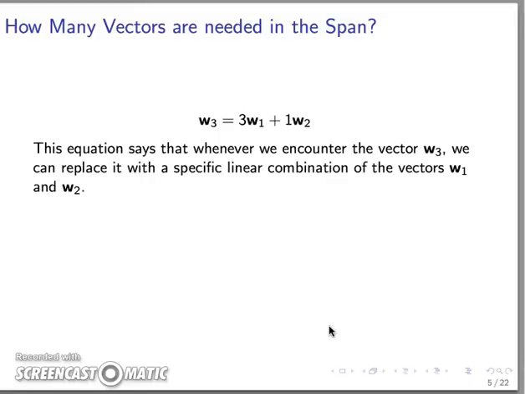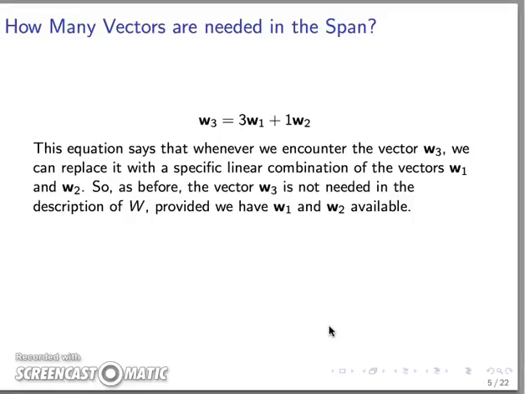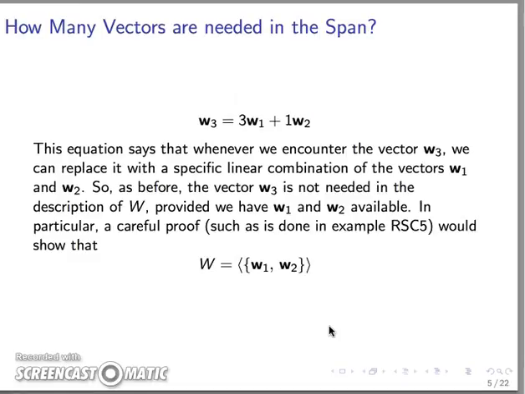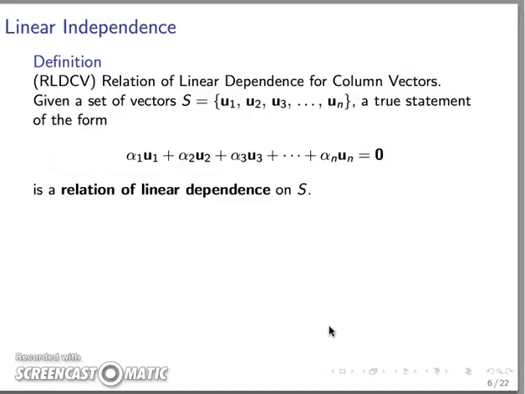W3 is also in excess, right, and is redundant, and so we can basically throw out W3 in terms of coming up with a subset such that the span of that subset is equal to the span of the original set. So in this case, the span of the set given by W1 and W2 is exactly equal to what we wanted to consider.